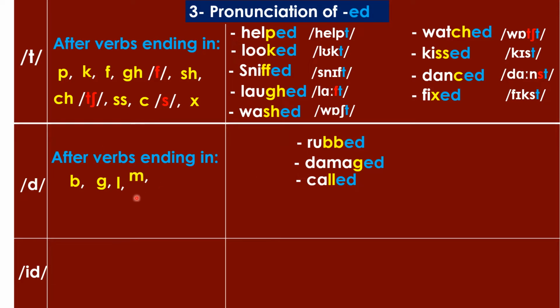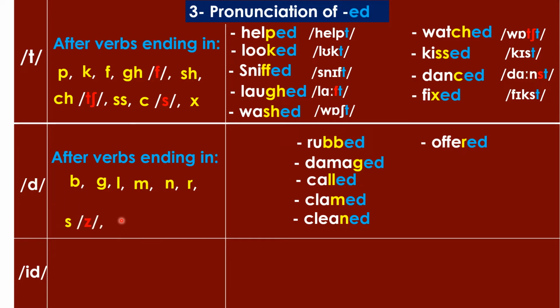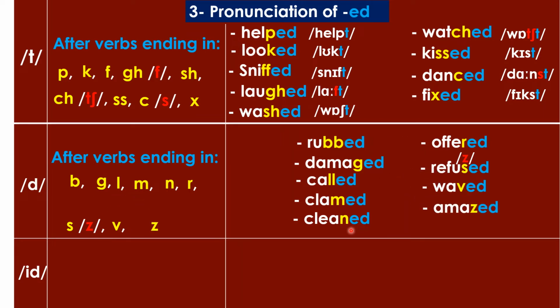After l as in called, m as in calmed, n as in cleaned, r as in offered. After s, pronounced as z, like for example, refused. So the s here is pronounced as z. After the v, waved. After the z, amazed.